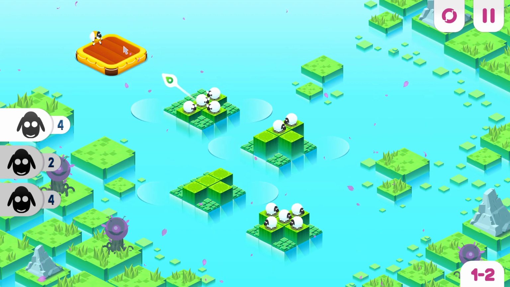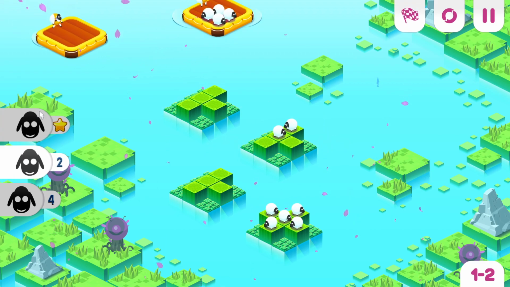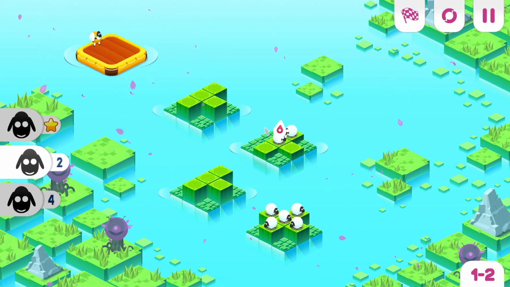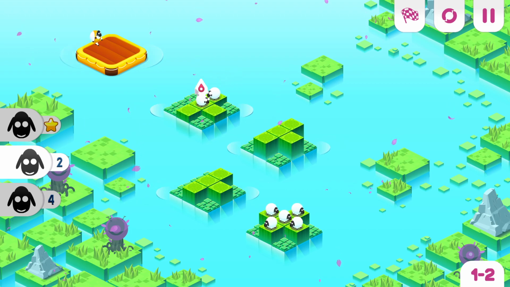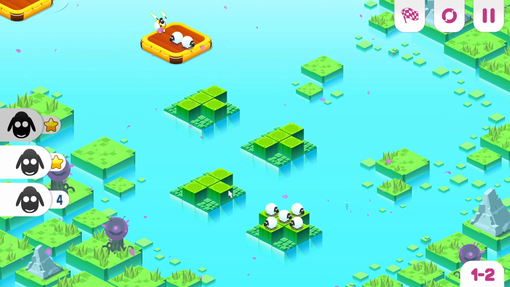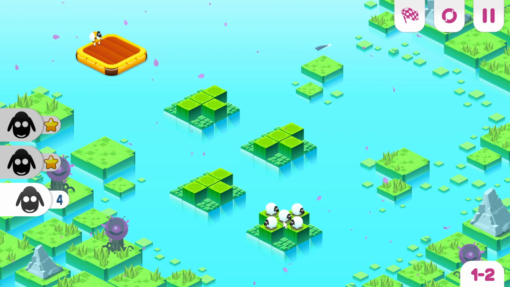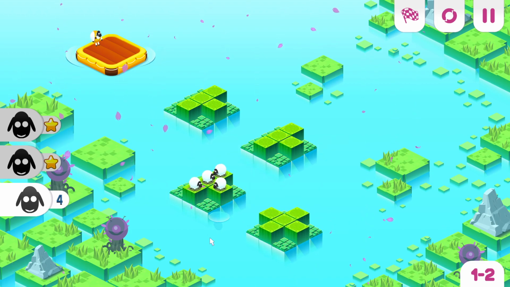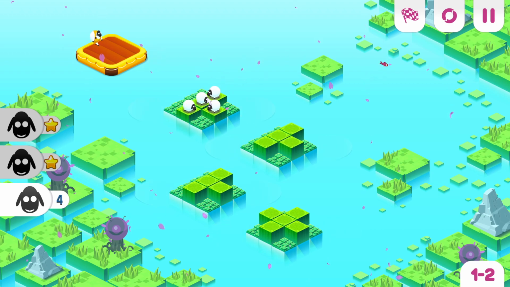I guess there's 4 here, so let's start with that. That's 4. Then it wants 2. And so I think the big lesson here is we're going to take 5 and then reduce it down to 4. Yep, 1 fell into the water. And we got an achievement for that happening.